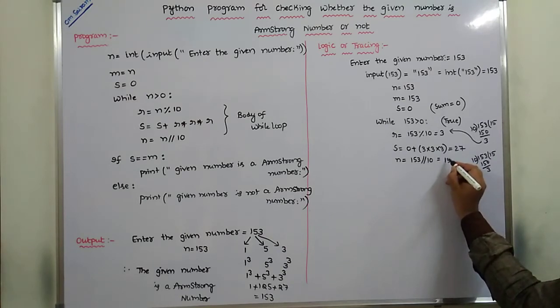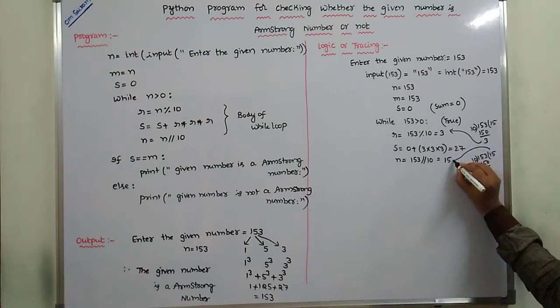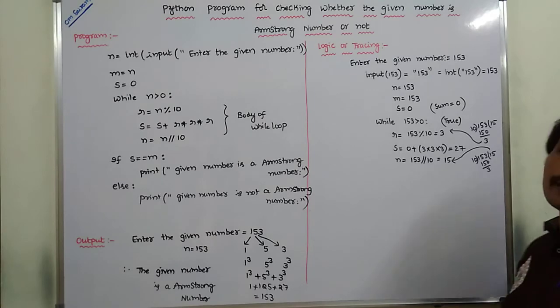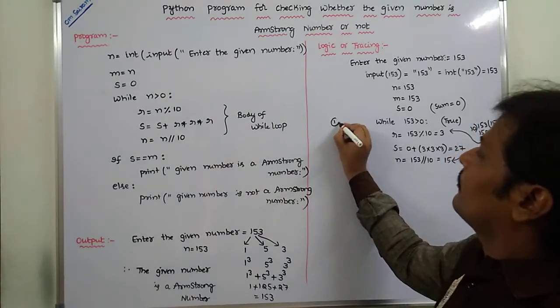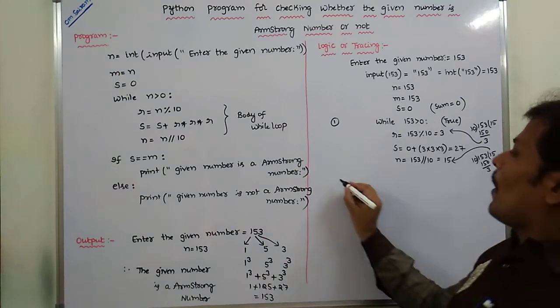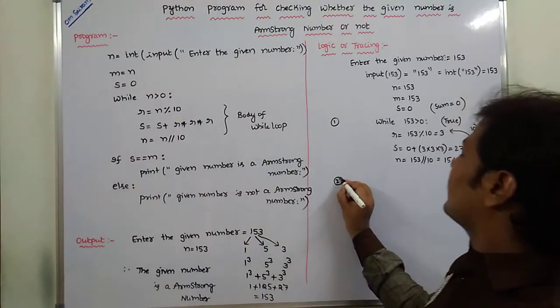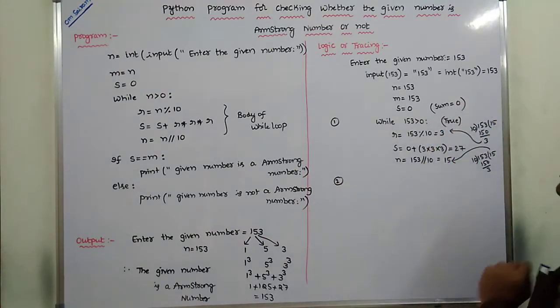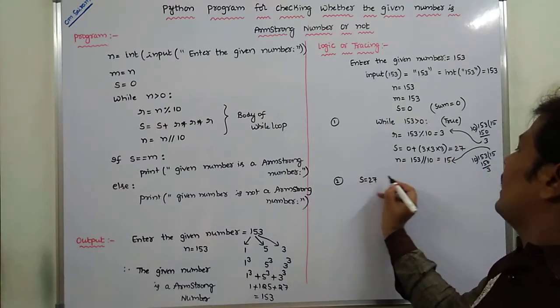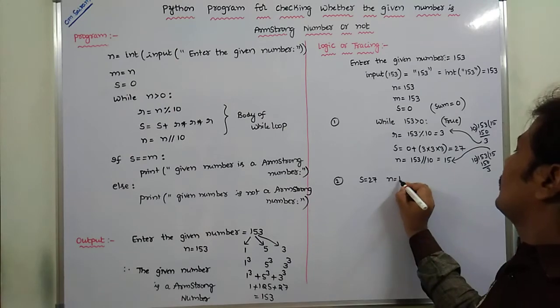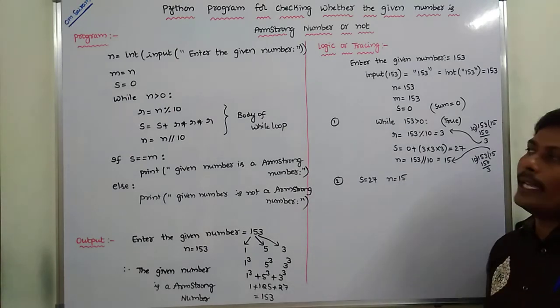So this 15 value is taken as the quotient. This is the first iteration. After the first iteration, the values we are getting are s is equal to 27 and n is equal to 15.